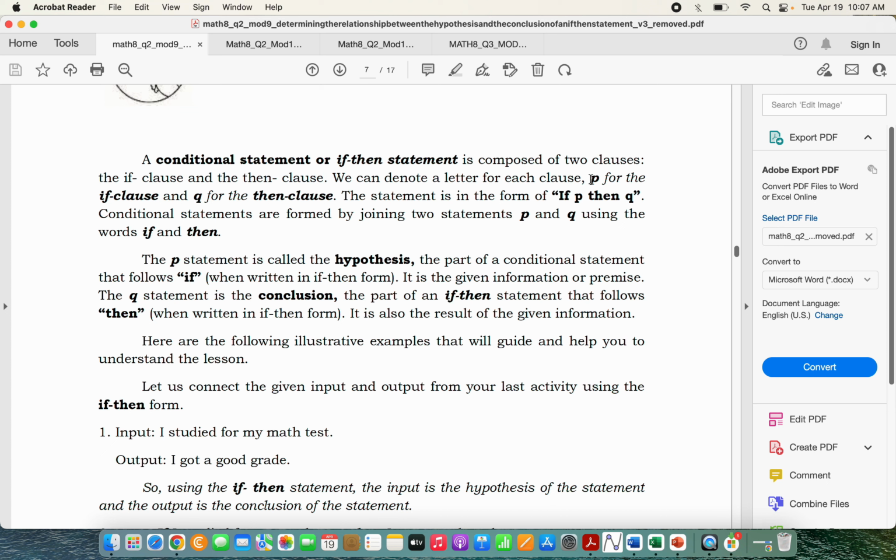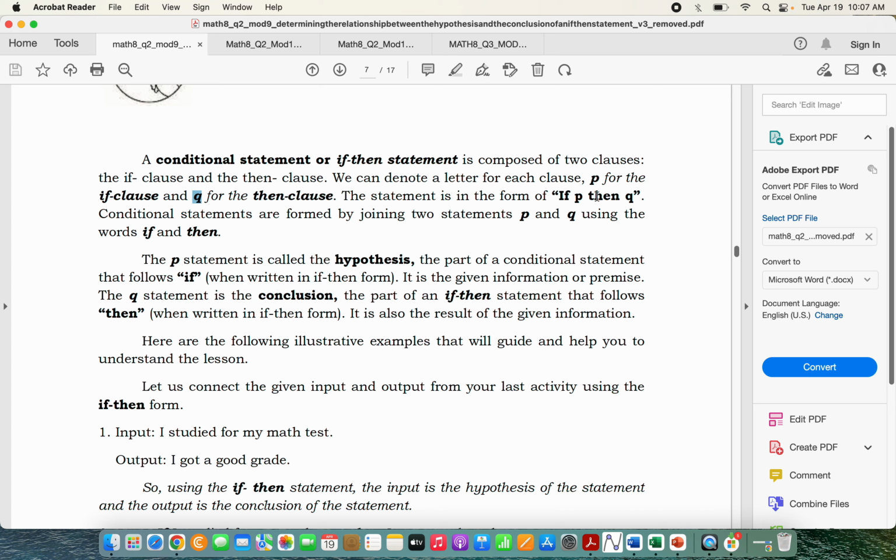The if clause is always denoted by P. Okay? Take note, the if clause is always denoted by P, and the then clause is denoted by Q. Okay? We call that symbols for if-then statement.